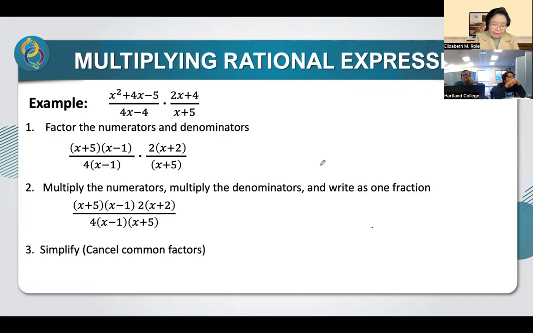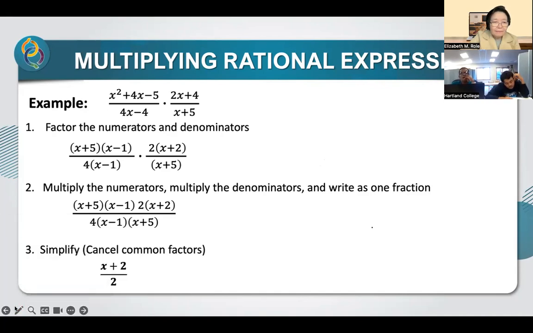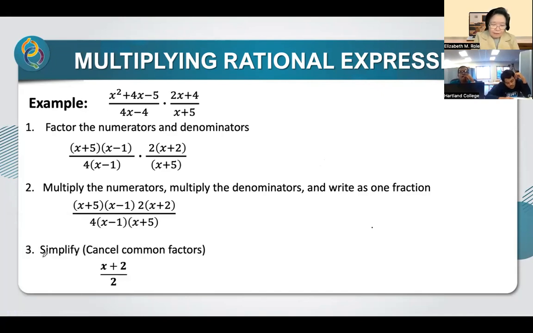So we find that x minus 1 and x minus 1 at the bottom, cancel those out. And then the x plus 5 and x plus 5 can also cancel.